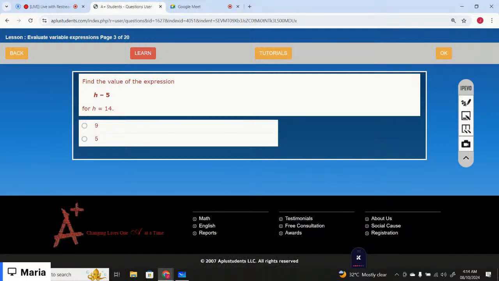Find the value of the expression h minus 5. H equals 14. So which is the correct option?